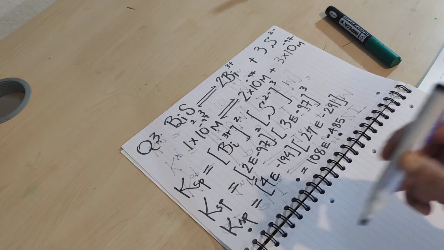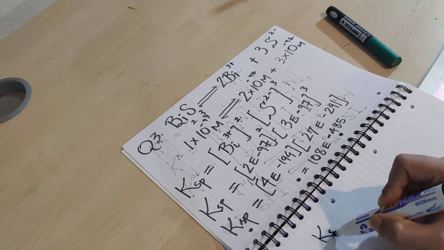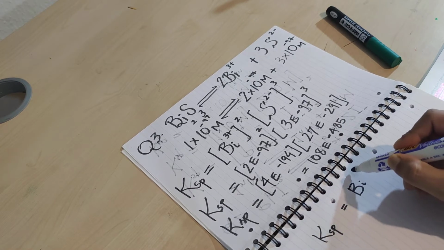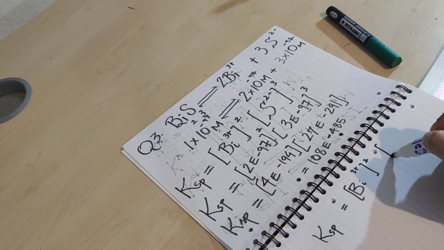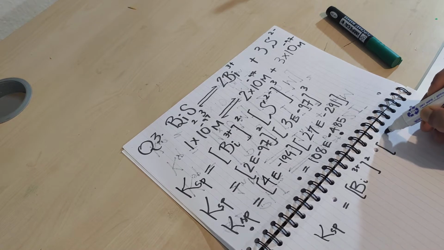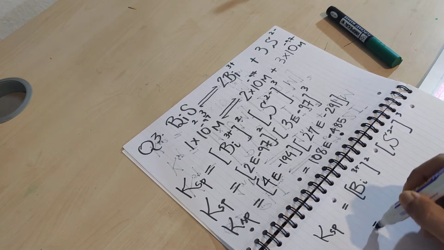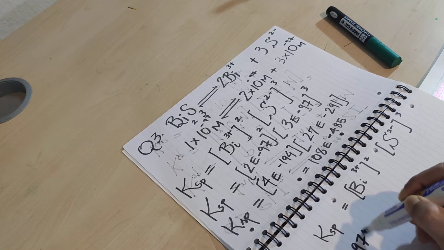And now I'll show you how to reverse calculate it. Let's assume that the solubility product of bismuth sulfide was 1 exponent minus 97 moles.